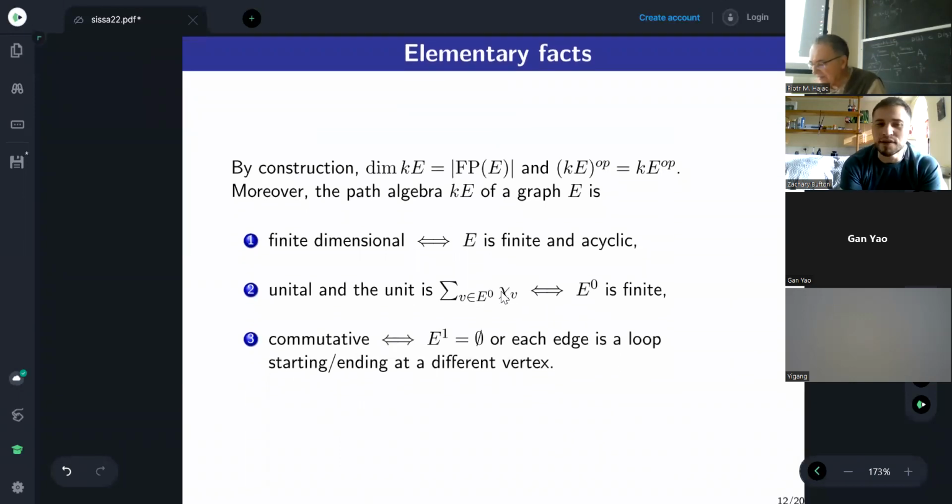This is another exercise, but this one I'm not going to do. You can convince yourself very easily that the path algebra of E is commutative if and only if either you have absolutely no edges, when it's obvious, you just have a function algebra, finitely supported on the set of vertices, and you have usual pointwise multiplication, or each edge is a loop starting and ending at a different vertex.